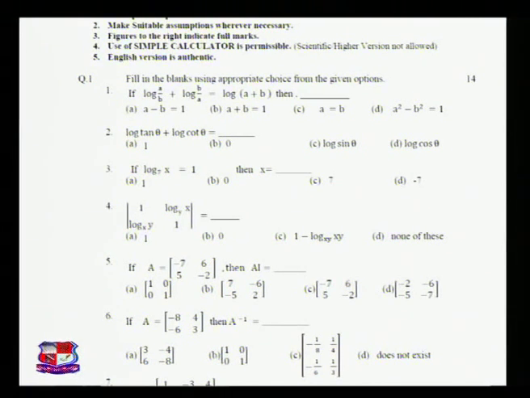For any matrix, we know that if we multiply it with the identity matrix, the answer remains the same, that is A into I is equal to A.